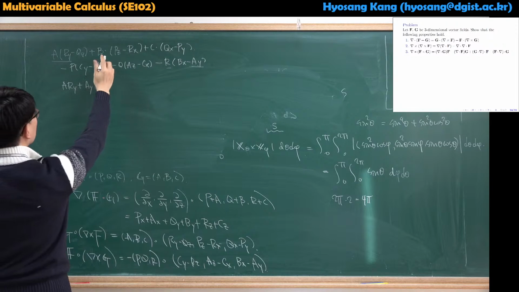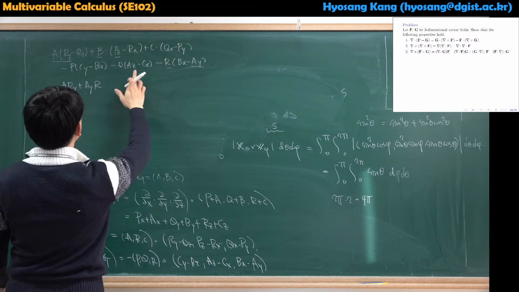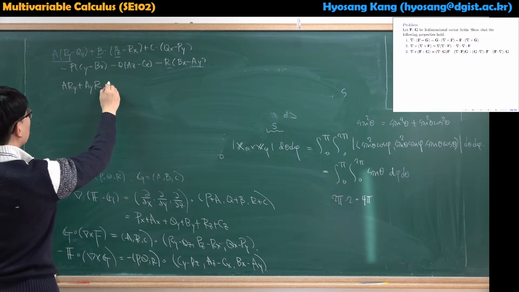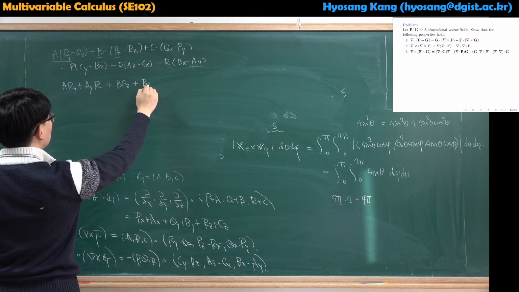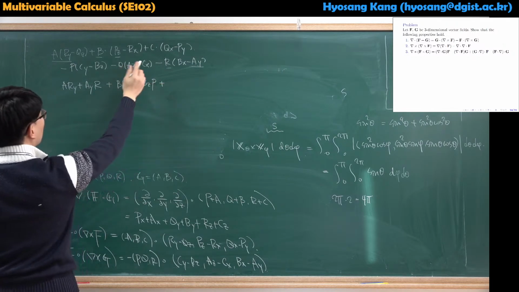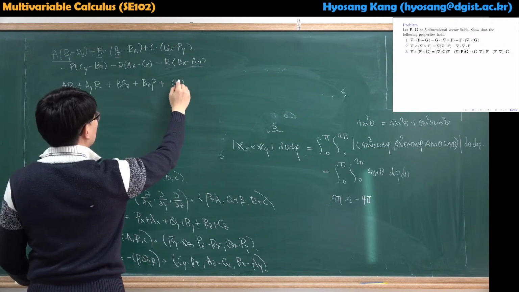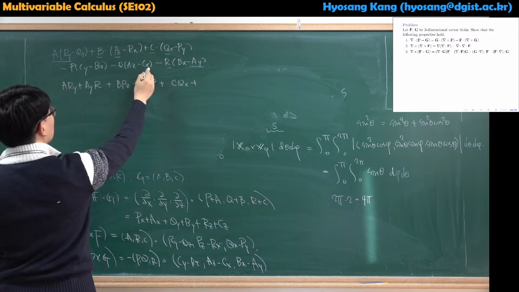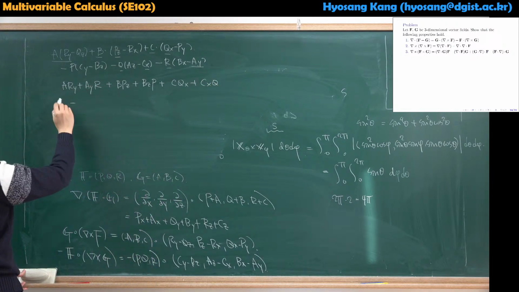And let's see, we have B and PZ. So B and PZ, we have BPZ plus BZP. And how about CQX? So we have CQX plus CXQ. And we take the negative.